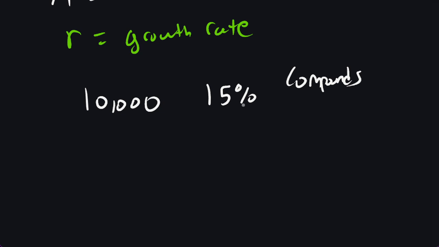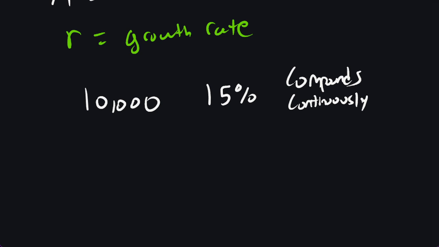Not only does it give us a really high interest rate of 15%, but it compounds continuously. It compounds every moment. So when we say continuously, that means it doesn't just compound once a year or twice a year or every minute, every second. More than that. The smallest unit of time you can think of, just every single moment, it compounds.